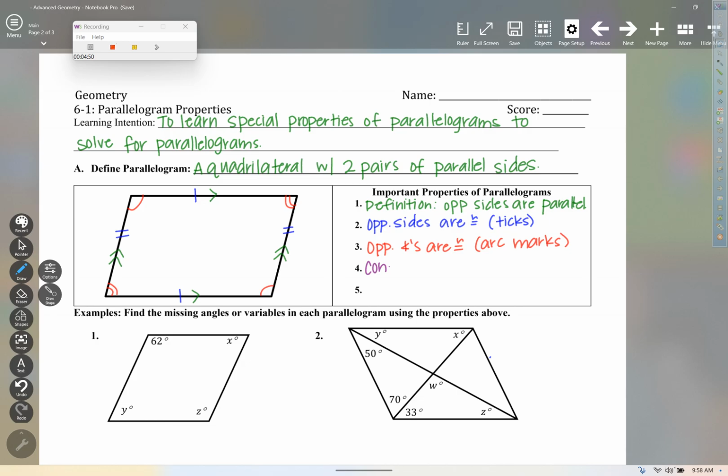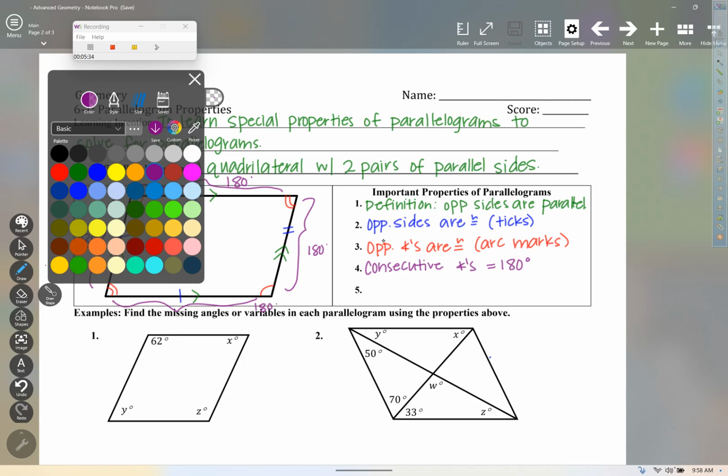So the beside angles, anything that's beside, so the top and the bottom, they equal 180 degrees. The top left and the top right are 180. These two are 180, and the bottom two are 180. So as long as they're next to each other, they do equal 180 degrees.